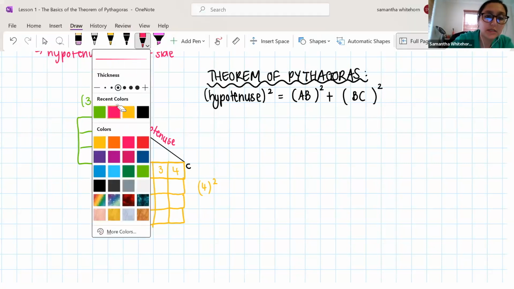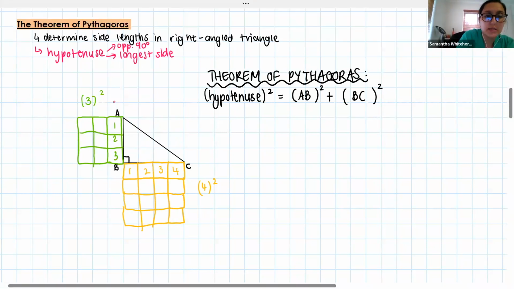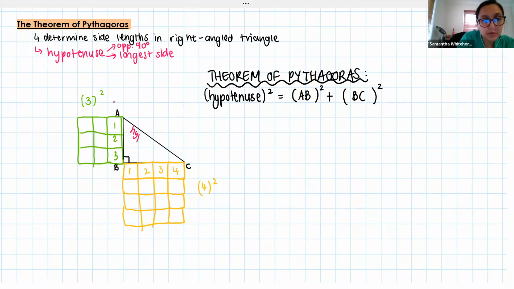Again, my drawing skills leave a lot to be desired, but we're just going to roll with it. I just want to put hypotenuse here in the middle for us. So we will end up with 25 blocks on the hypotenuse.